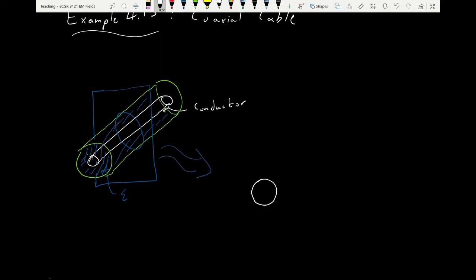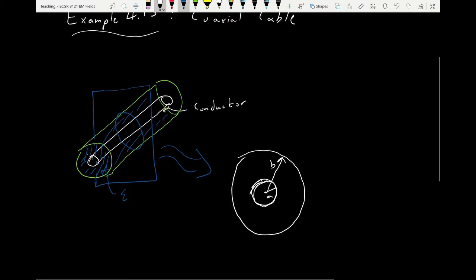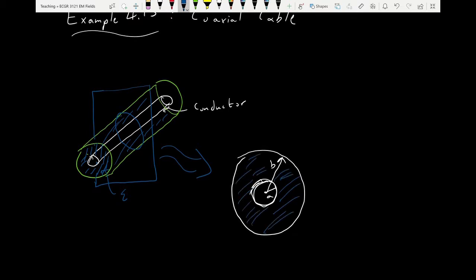So I have the inner core, the inner shell, cylindrical shell, and the outer cylindrical shell. The inner has a radius of A, the outer has a radius of B, and then there's the material sandwiched between the two shells. And those are two conducting shells, right?